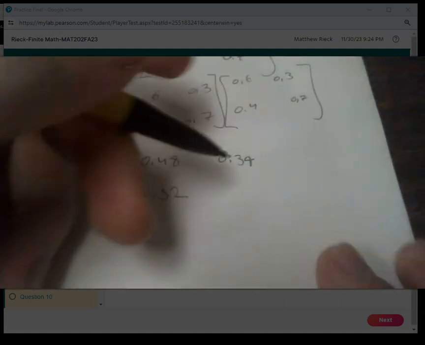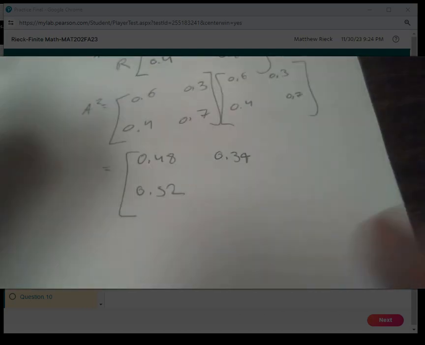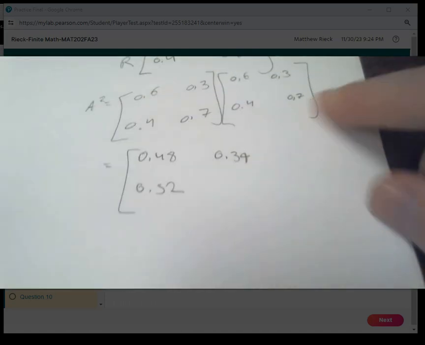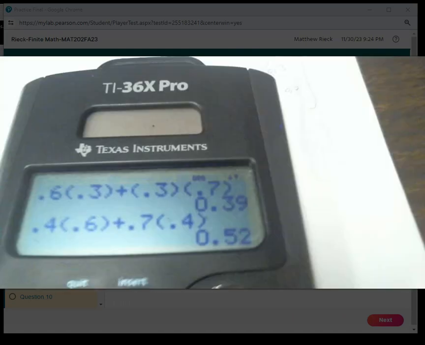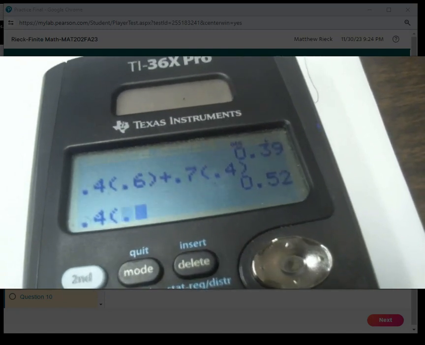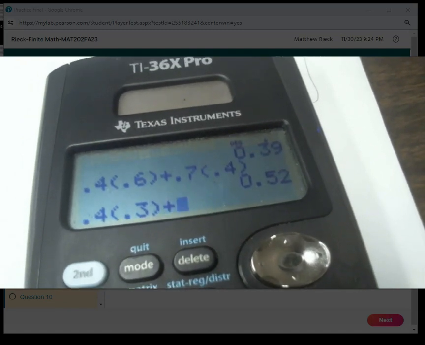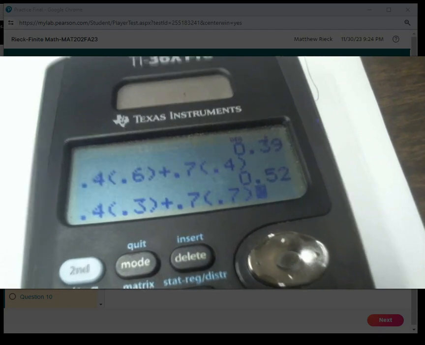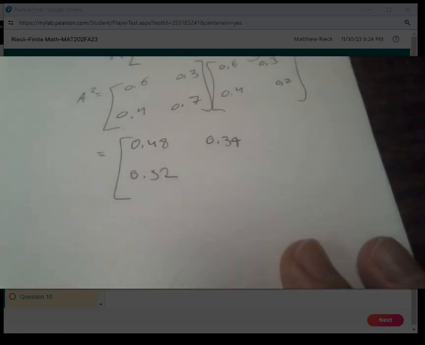And then we take 0.4 times 0.3 plus 0.7 times 0.7, so we have 0.61.